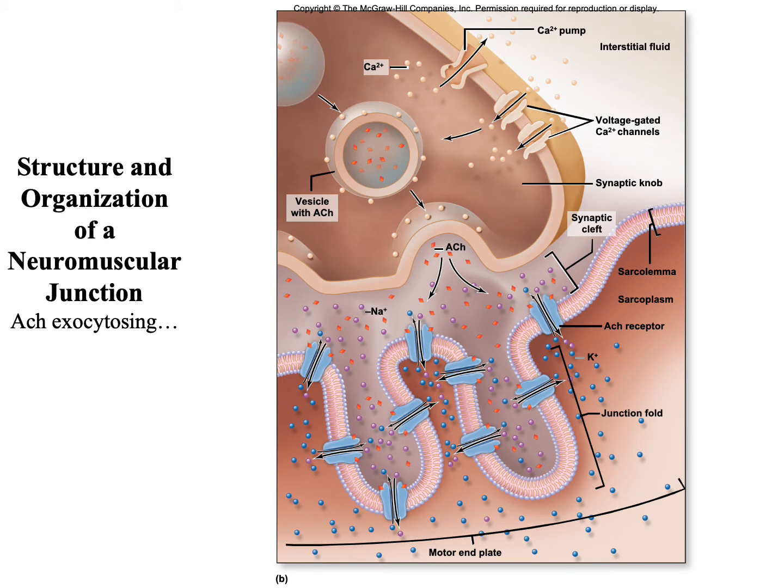Okay, so a close-up of that neuromuscular junction. Here's the neuron, here's the muscle, here is the motor end plate with the increased surface area. So you can see phospholipid bilayer, there's little protein channels, and then up here, this is the cell membrane of the neuron with some different kinds of proteins. We're going to focus on this one.